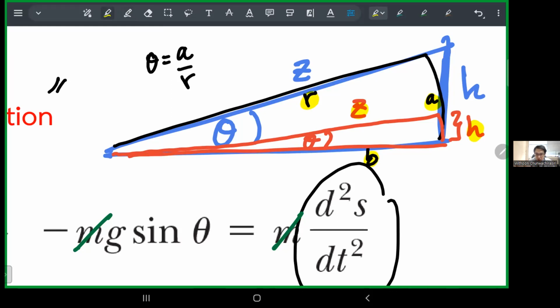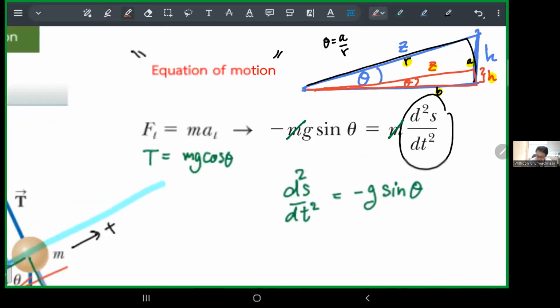The base, meaning the adjacent, the hypotenuse, and the radius are about the same. So that's why I can conclude that when theta is small, sine theta is approximately equal to the theta itself. Does that make sense?